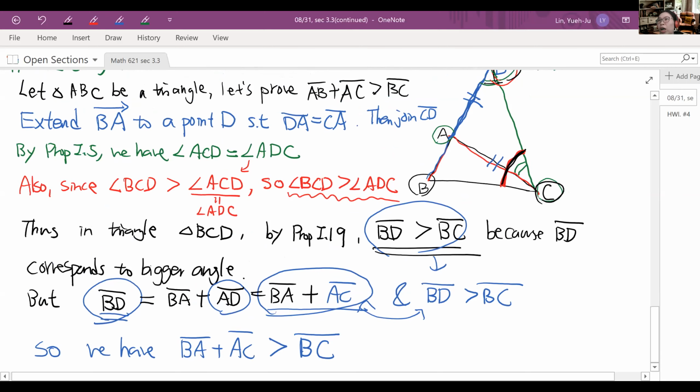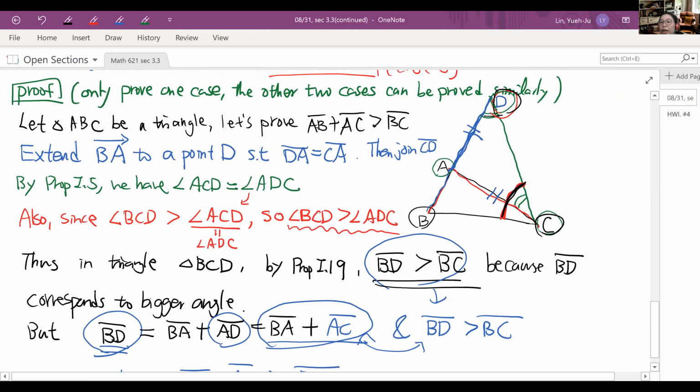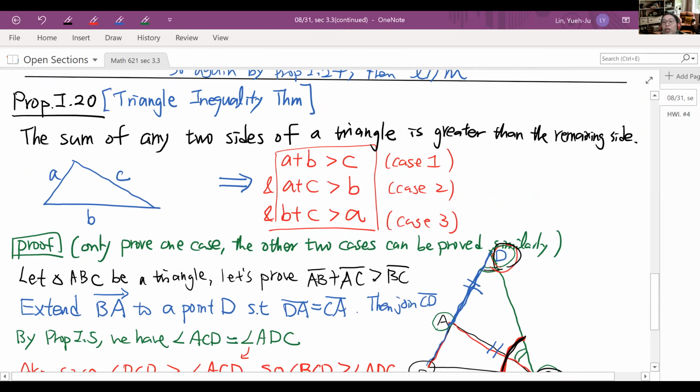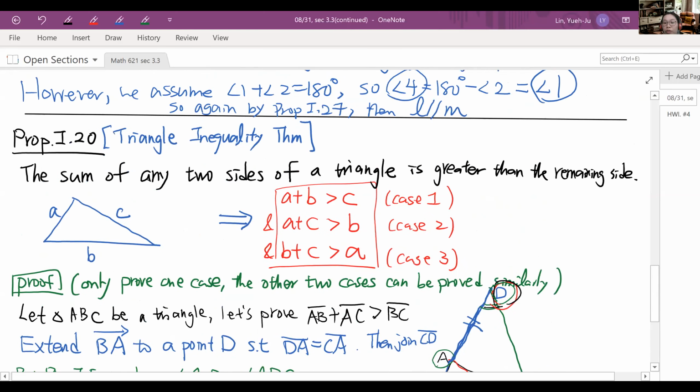At the same time, you need this kind of extra trick to help you, for example, drawing an extension line. I just want to mention this so everyone can appreciate that a well-known or seemingly easy theorem that we learned in Euclidean geometry or high school geometry turns out not to be that straightforward to prove. You need to prove it, and we can prove it.